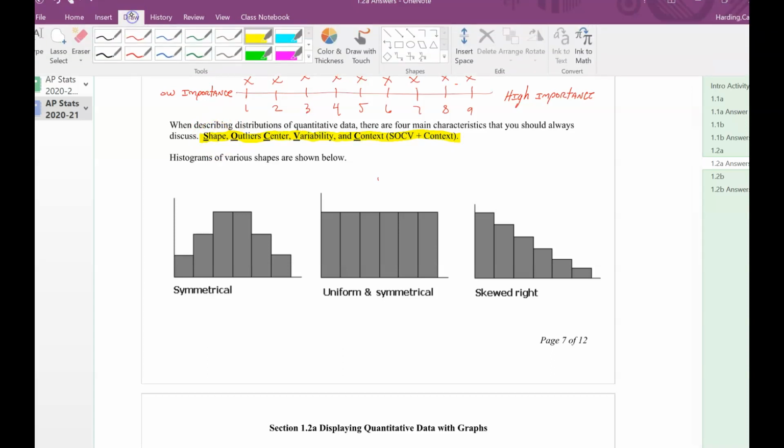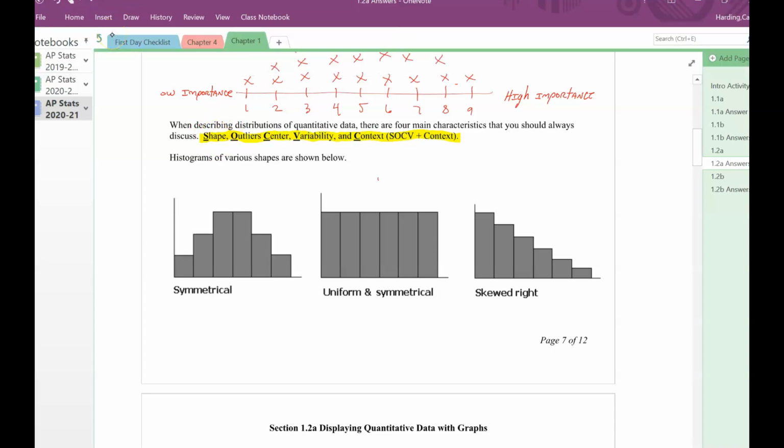There's different shapes that a distribution can take. It can be symmetric, meaning the right and the left sides are pretty much the same. If you folded it down the center, it would be about the same on the left and the right. There is something called skewed right, and that's shown here.